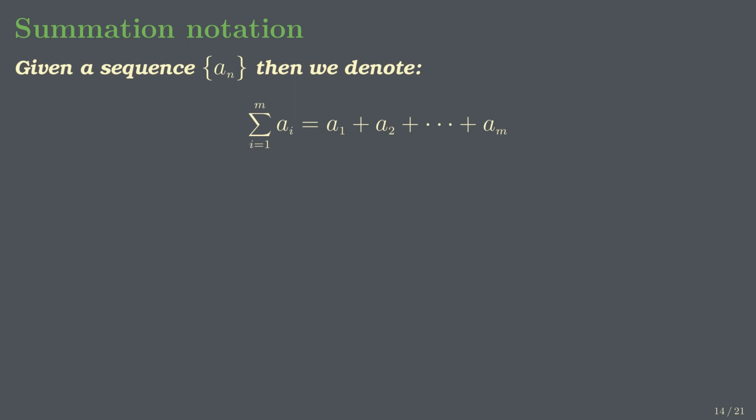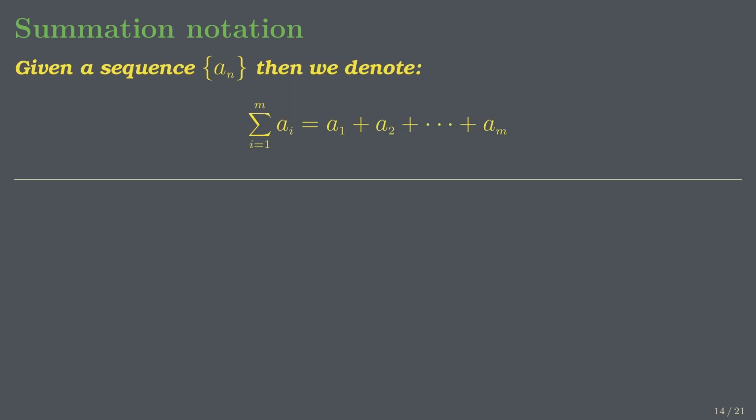The exact definition of the summation notation is, if you have a sequence an, then we denote the summation of ai, where i runs from 1 to m, which is the sum of a1, a2, etc. up to am. It is the sum of the first m terms of the sequence.